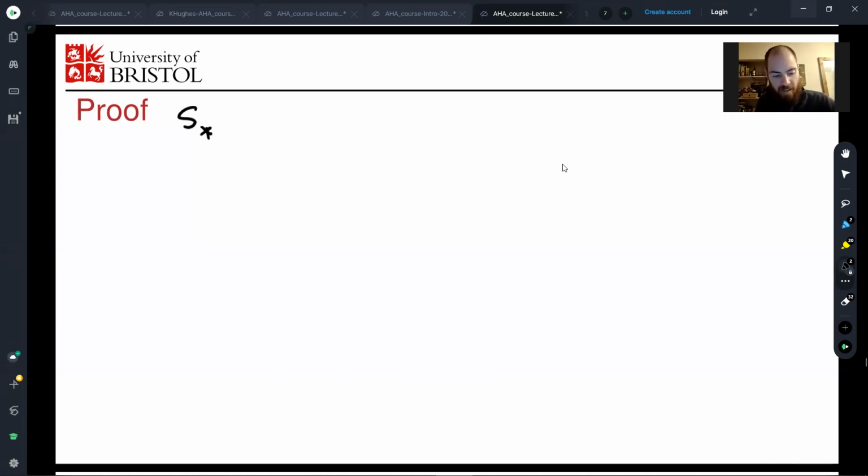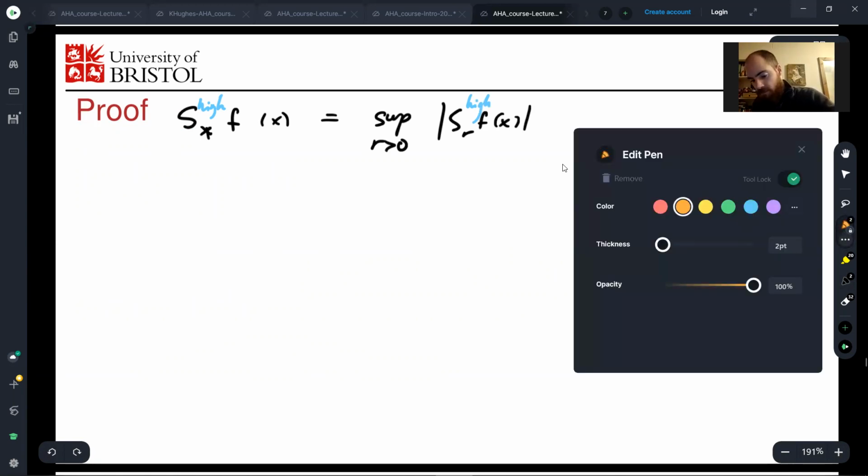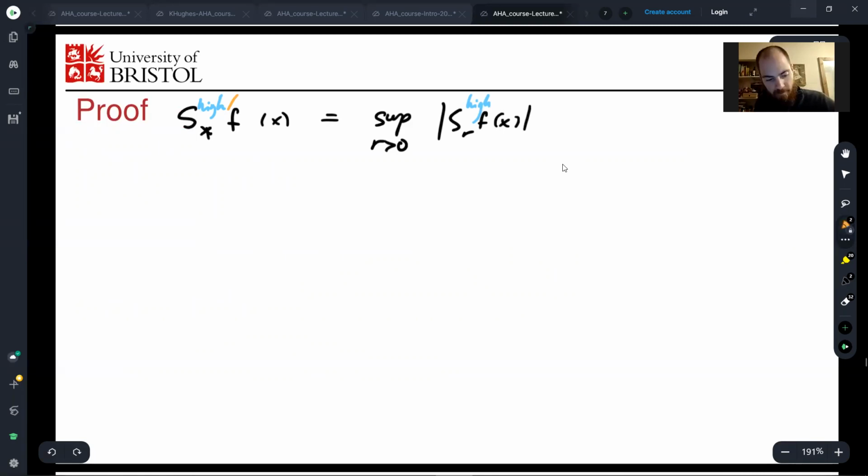So S star of F at x is by definition the sup over all positive R of the absolute value of S_R F of x. Now, when I have high here, that's the same as putting high here. And if I had instead low, it's the same as well, okay?